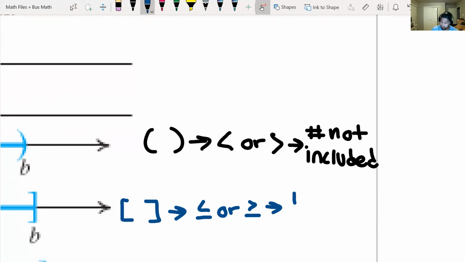This means that the number is now included. So parentheses, less than, greater than, not included. Brackets, less than or equal to, greater than or equal to, numbers included. That's as simple as we can put it.